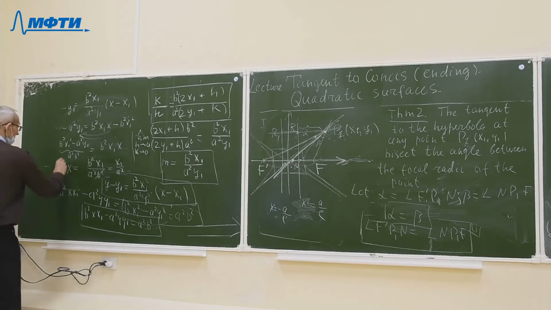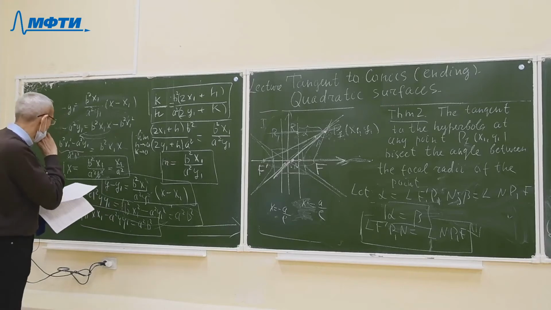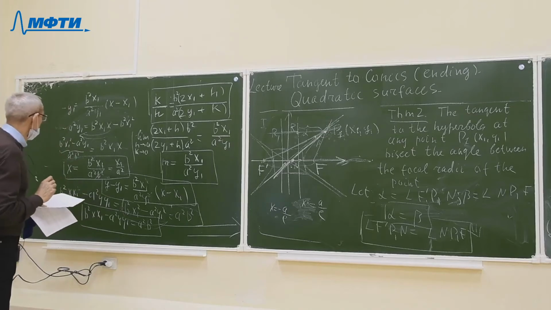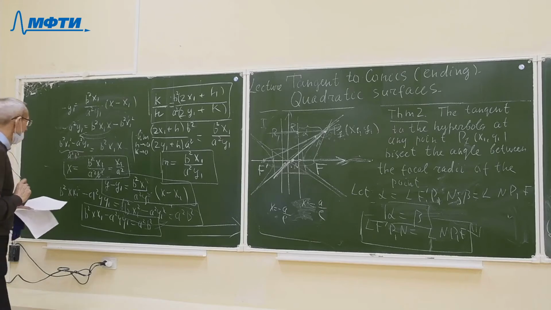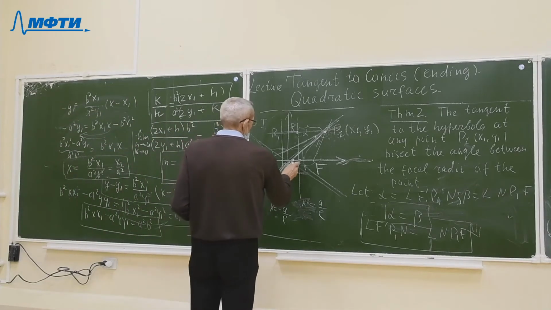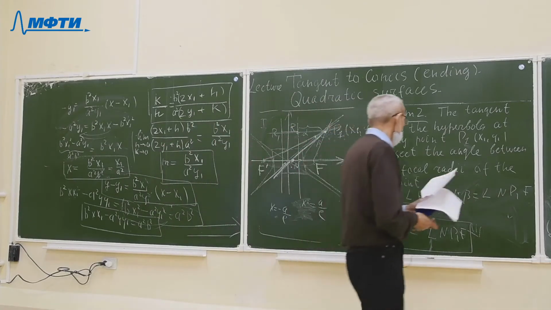Let's check our calculation. Okay, and after that we can calculate the distances between N and F and F prime. I'm sorry, Professor.